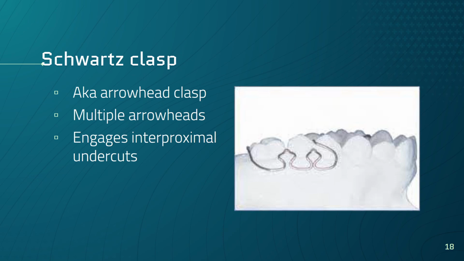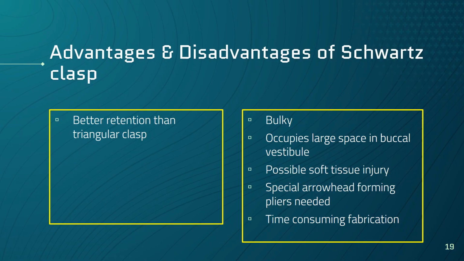Schwartz clasp. A Schwartz clasp is also known as an arrowhead clasp. There are multiple arrowheads which engage the interproximal undercuts. The advantage of a Schwartz clasp is it gives better retention than a triangular clasp.